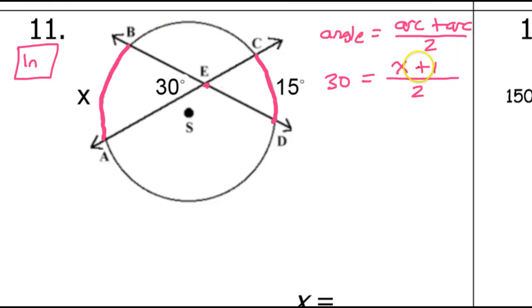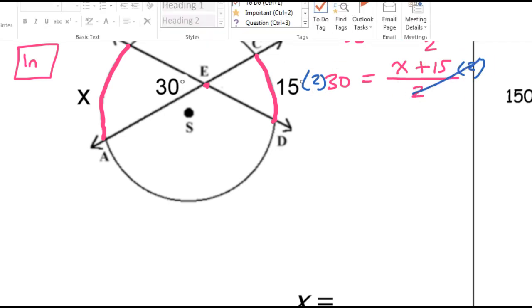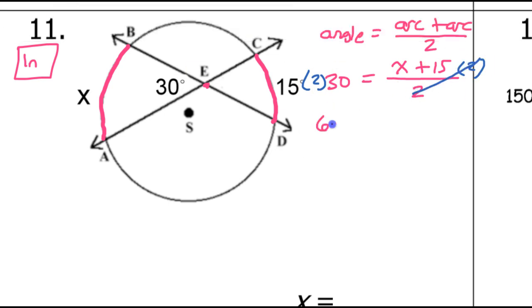So that's going to be X plus 15. All right, what am I going to do next? We need to multiply both sides by 2 in a problem like this. That's how we will get the X out of there. So if we multiply both sides by 2, so that way these 2's will cancel each other out, that's going to give me 60 is equal to X plus 15.